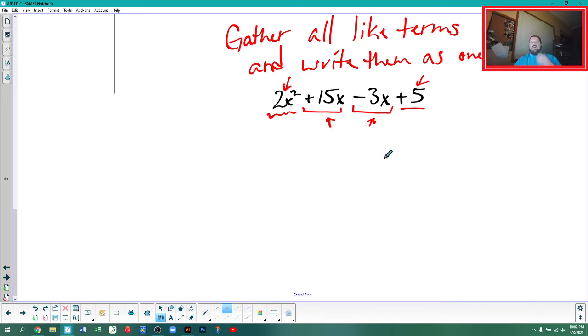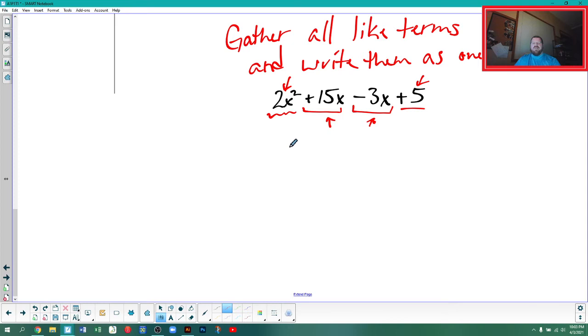So then what I do is I want to add and subtract the coefficients of those terms. If you want to think of it, and you probably heard it before, I've got 2 apples, 15 oranges, negative 3 oranges, and 5 bananas. That's the way we consider combining like terms. How many oranges do I have?